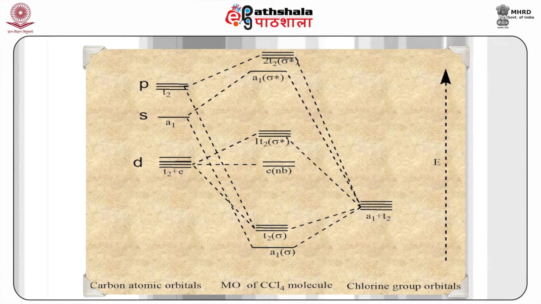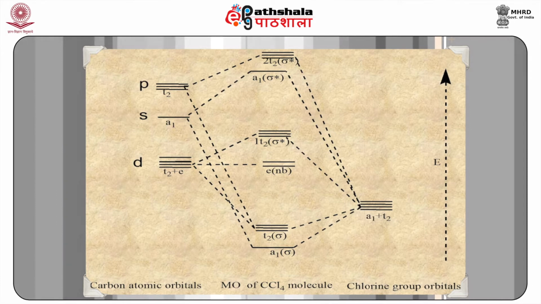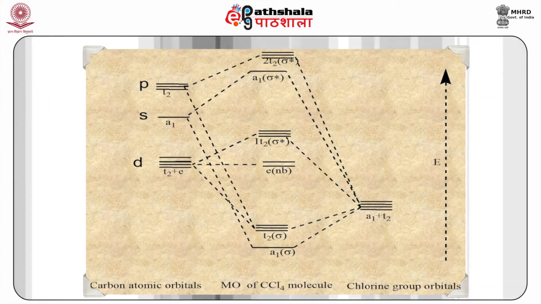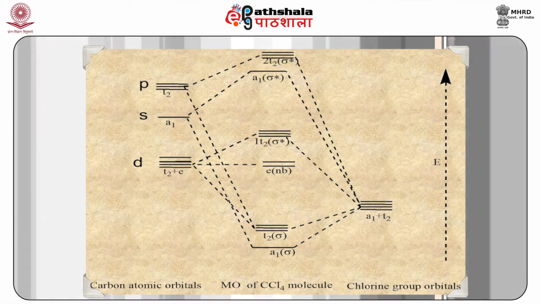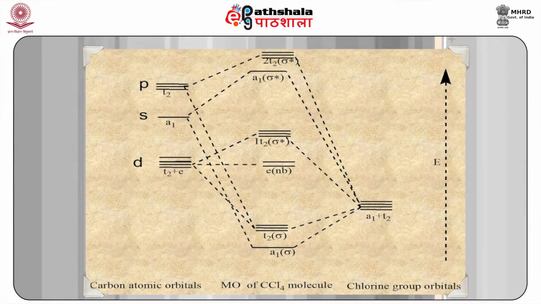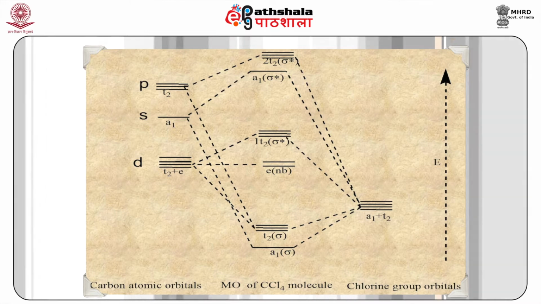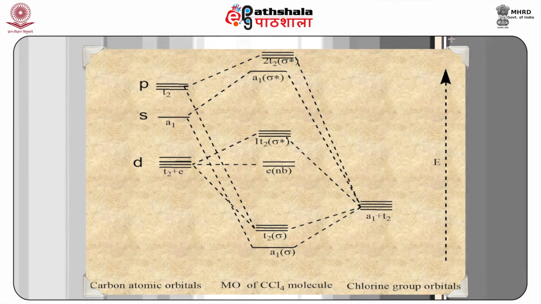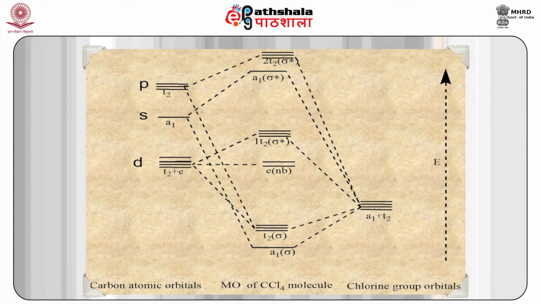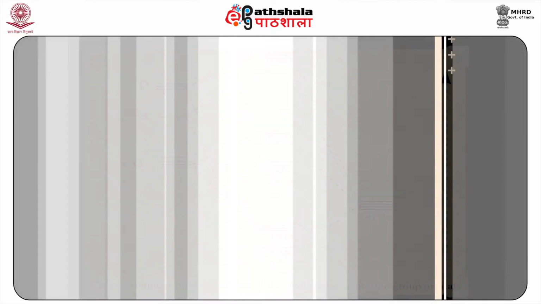Now again following the same rule, we take the symmetries of the valence orbitals on the left hand side and the symmetries of the LGOs on the right hand side, and match the LGOs and the valence orbitals of right symmetry and right energy, and we get the MO diagram in this manner, and the electrons are filled up again as per the rules we follow for atomic orbitals.